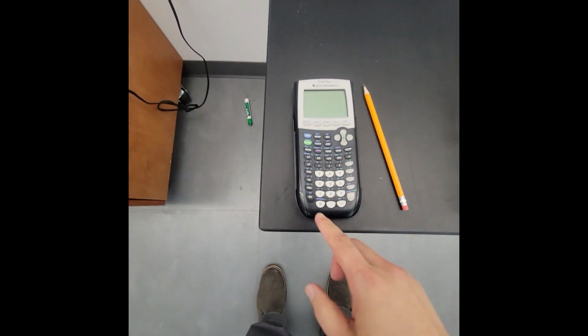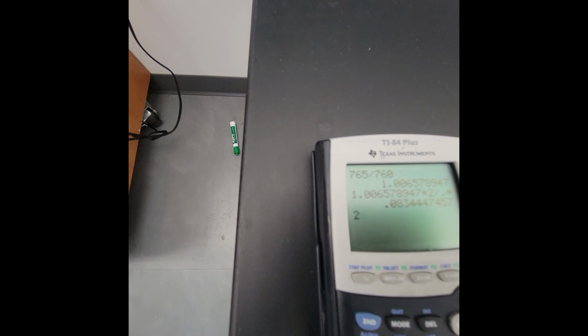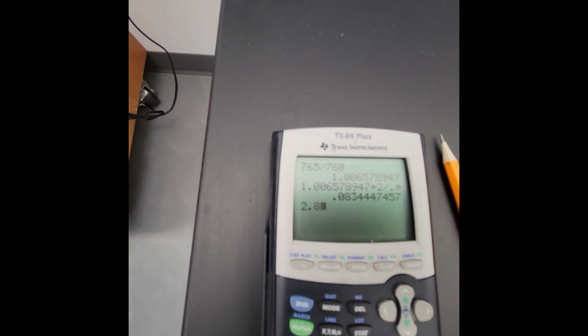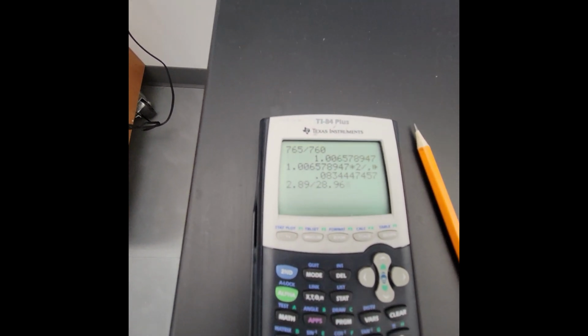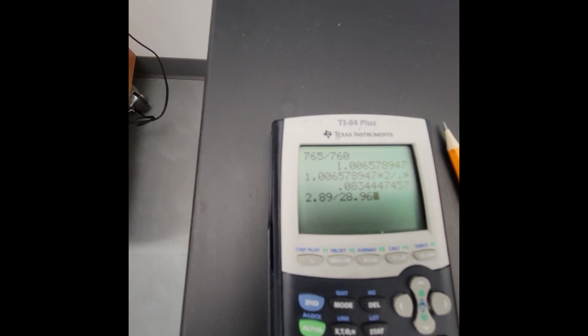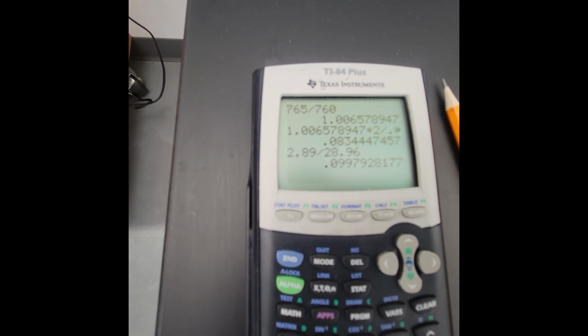That's the mass from my scale. That's the molar mass of air. That's the gas in our room. 0.099, all right, 0.1.